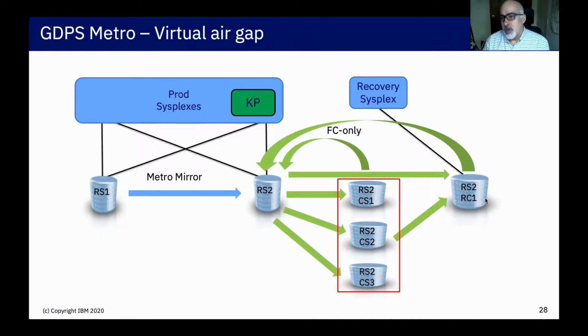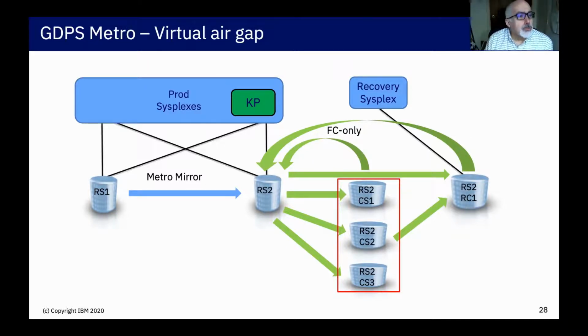And this recovery copy can then be used by recovery LPARs in order to carry out forensics or surgical repair or validation that the data is good prior to backing it off to tape if you want to have some longer term retention of your safeguarded backups.